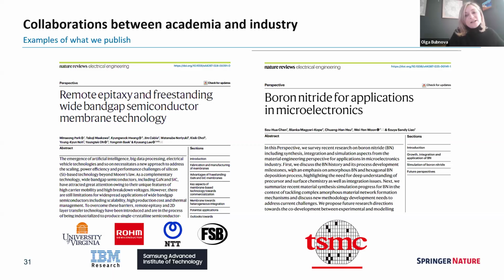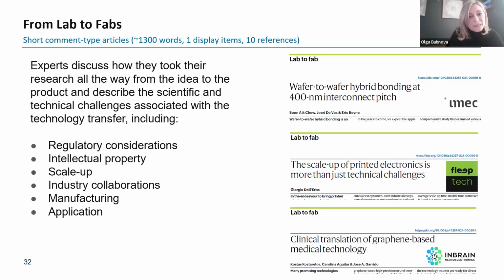And this is done through key points that we use in every perspective and review, just to summarize what directions TSMC thinks people working on advanced logic and electronics in academia should pursue in order to create this collaboration with industry. So this is a very nice example, and we had a lot of positive feedback on this one, so I'm pretty proud of this one.